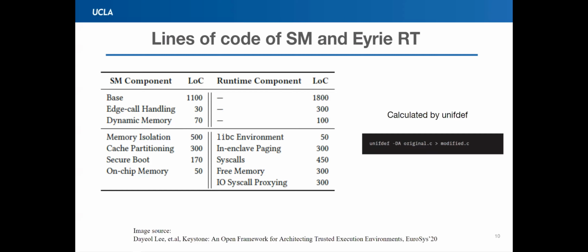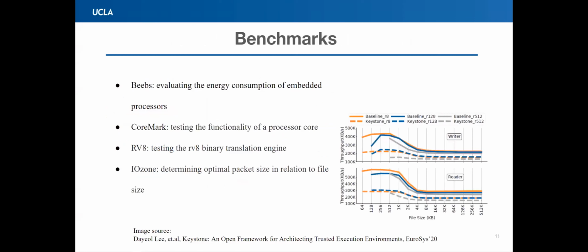It is used to remove ifdef lines from a file. This is an example of unifdef. It means reading the file named original.c and removing ifdef lines. After removing, the output is placed in the modified.c file. Next slide, please.